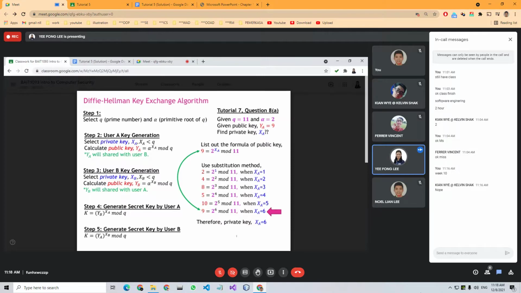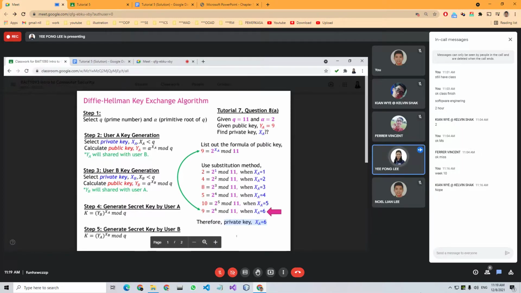The formula is given, and the secret key formula is also given. I'm not so worried about the steps because we covered all the steps. Only one thing I'm worried about is finding this one. Finding the private key means the exponent.